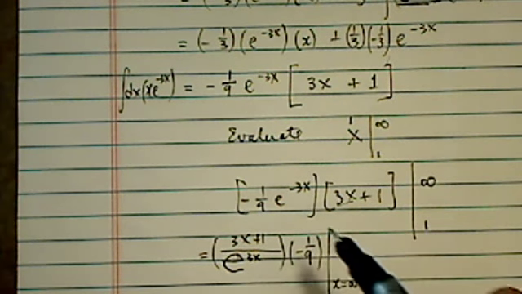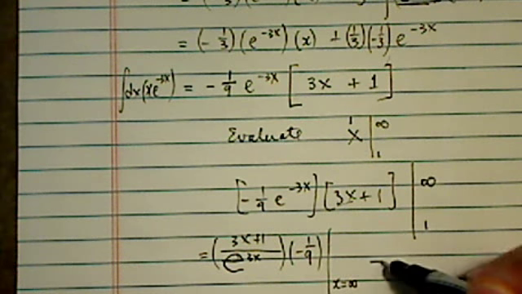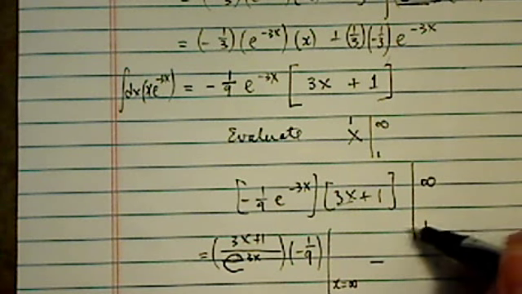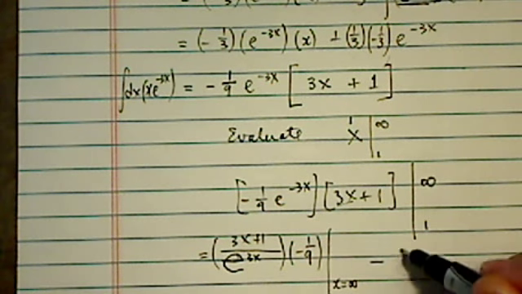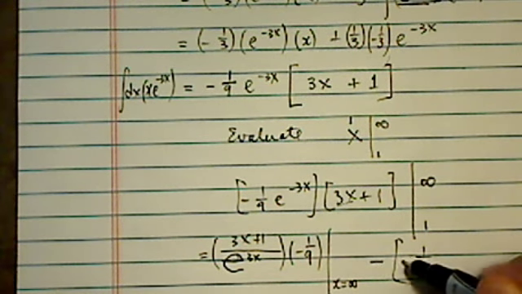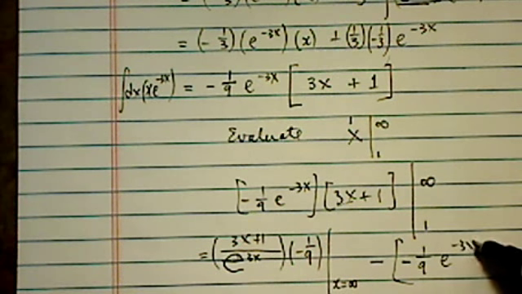It's plus 1, minus the value at 1. So minus 1/9 e to the minus 3x is this chunk, and then 3 plus 1, that's a 4.